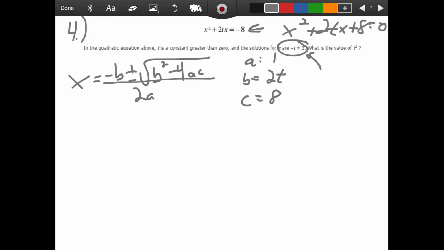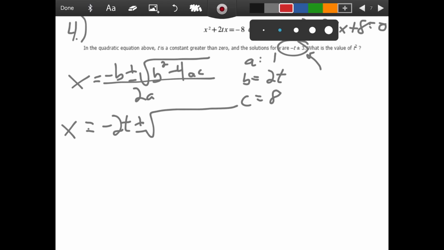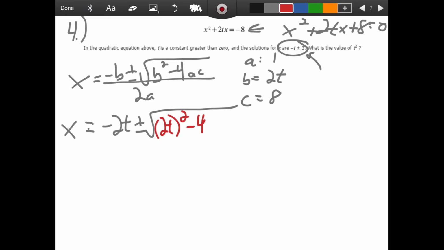So now let's start plugging in. x equals, so b is this 2t, so negative 2t plus or minus, I'll use a different color just so we're organized, the square root of 2t squared minus 4 times 8, all over 2 times 1. We want to plug in for everything.